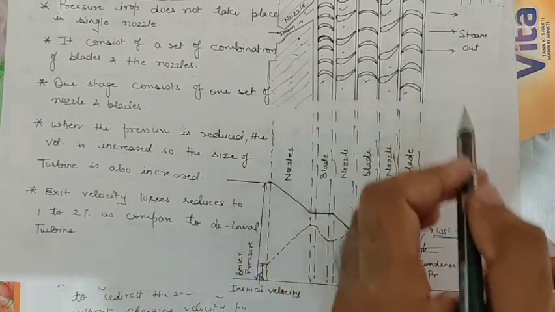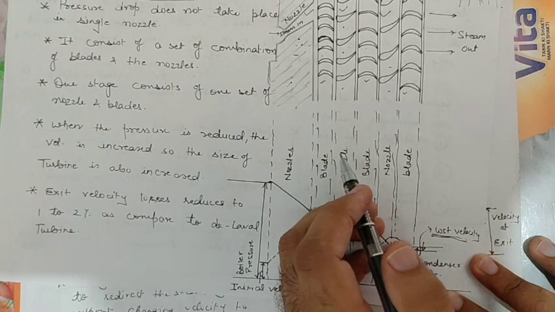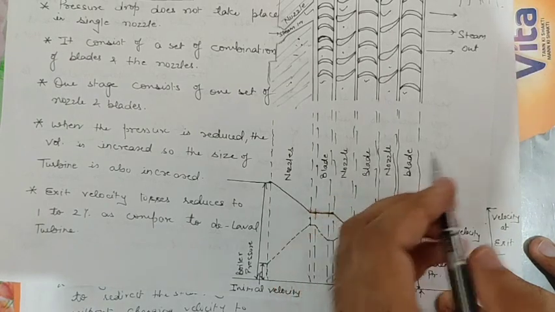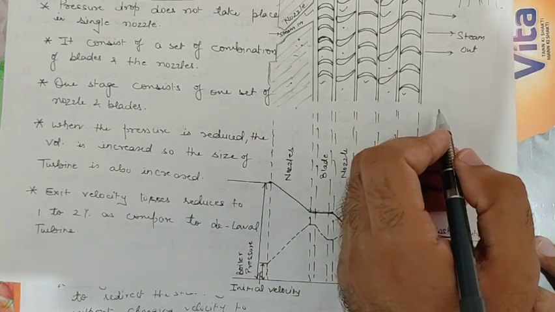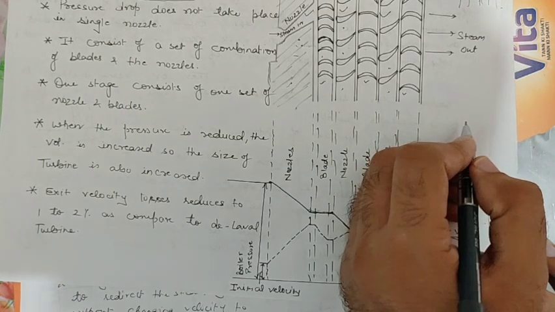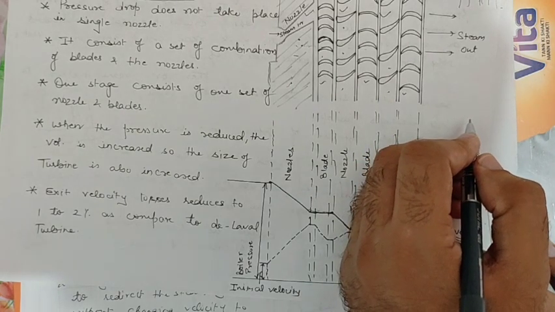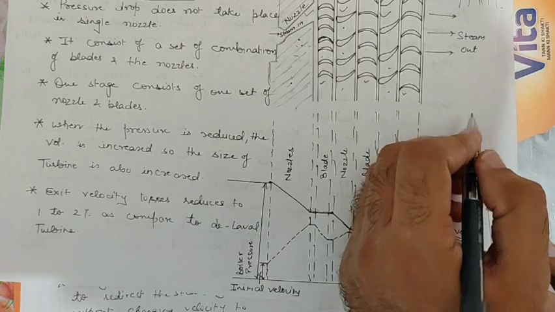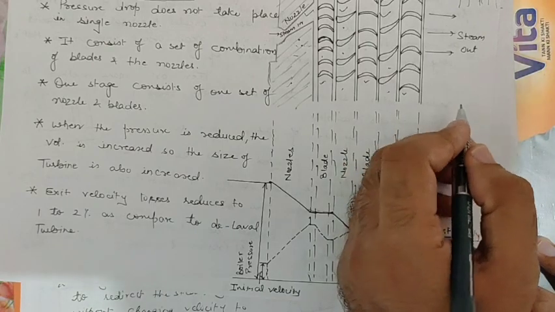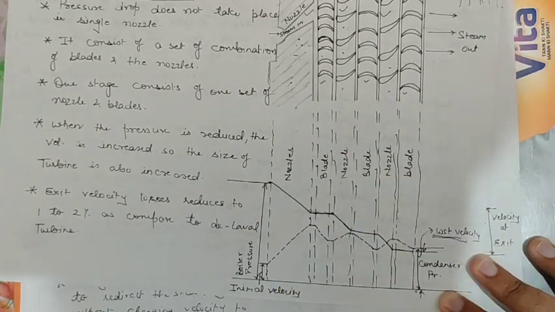So it must be airtight. Second, I have told you that with the increase in pressure, the volume of the steam increases, so the size of the turbine increases. Therefore the turbine size is bigger and bulky.